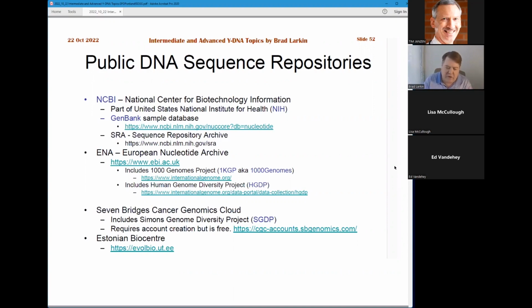So when you look at 1,000 Genomes Project data, a lot of times it might have sparse parts of it which aren't sequenced. The SGDP data usually has coverage of every position, certainly a lot more than the 1,000 Genomes Project did. It does require you to create a free account to do it, but for me, it's been worth it. The Estonian Biocenter is another place that has some sequences that you can download as well.